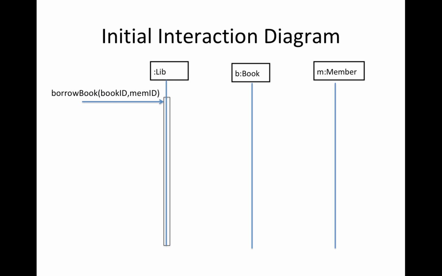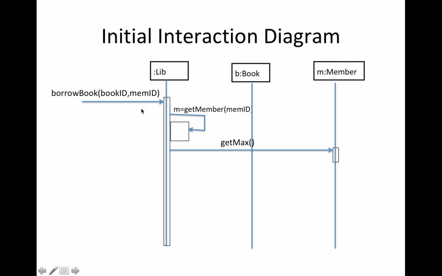So if you were to look at this particular borrow book method, in order to do that, it has to interact with a number of other objects. This interaction itself can be captured by either using a collaboration diagram or a sequence diagram. In this case, we have used a sequence diagram.